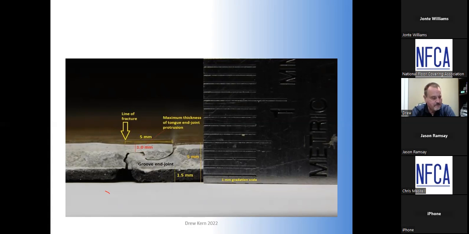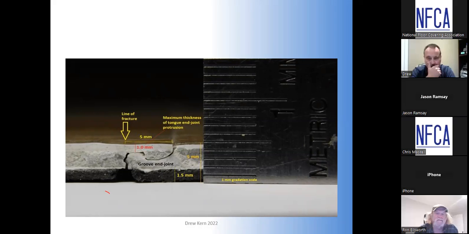Improved. Well, we like to think we're getting better in the industry, so maybe that will be the case when those products come out. One last comment for you, Drew, before we let you go, and I think it's an excellent one to finish on, considering the slide that is up and how many people have to face that broken end joint, which just drives us crazy.